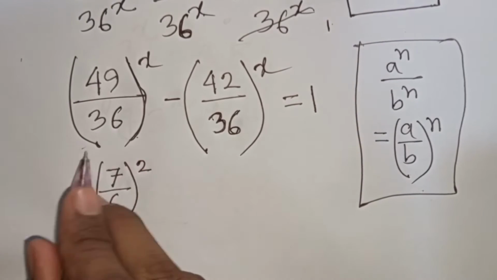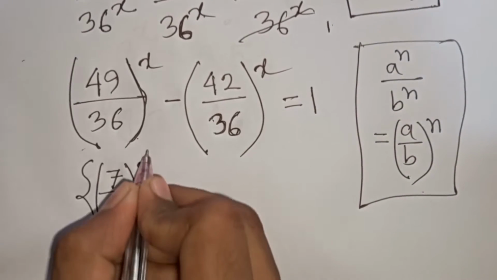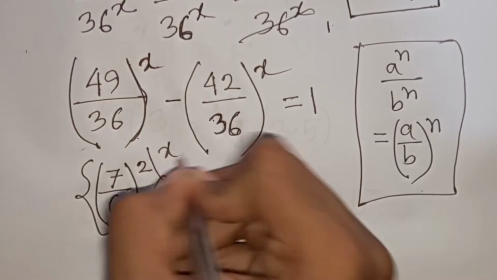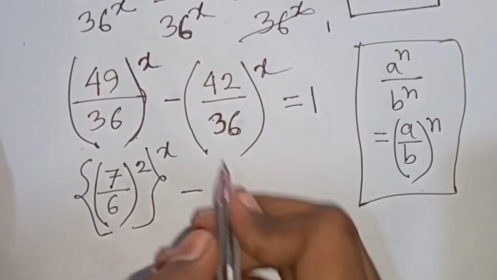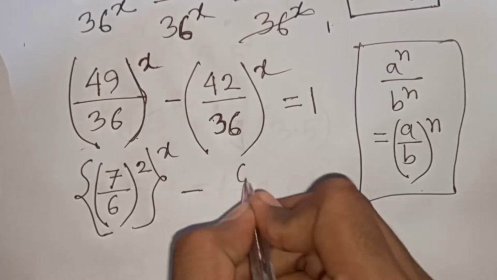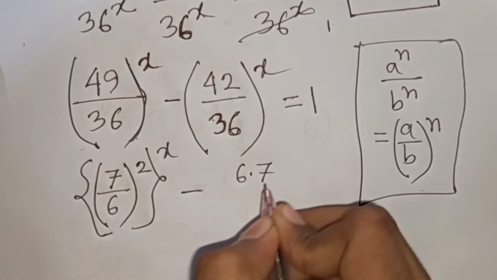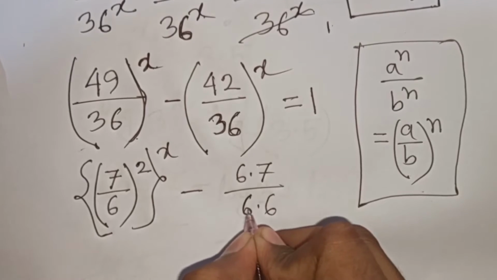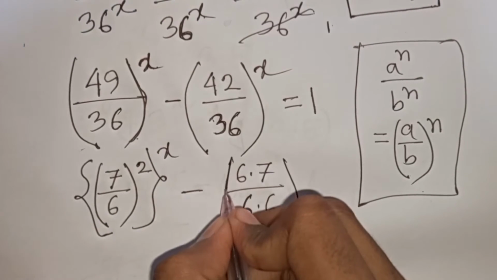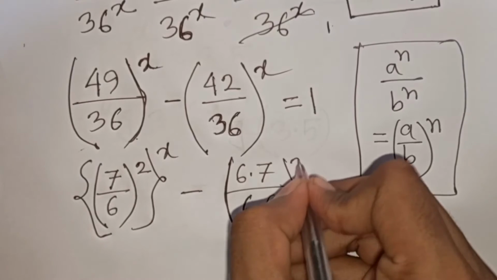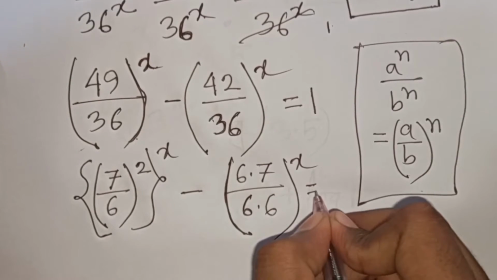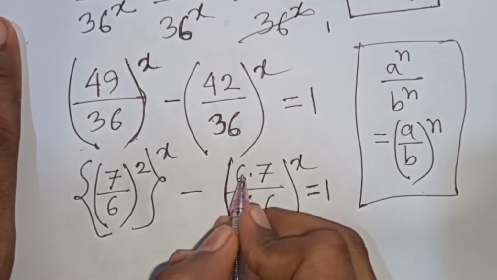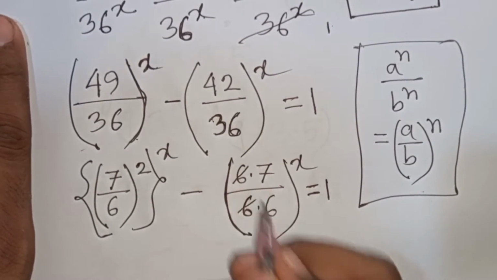Then this first bracket can be written as the second bracket, then power of x, minus 42 is same as 6 times 7 over 36 is same as 6 times 6, then bracket power of x is equal to 1. Now we see this 6 will be cancelled.